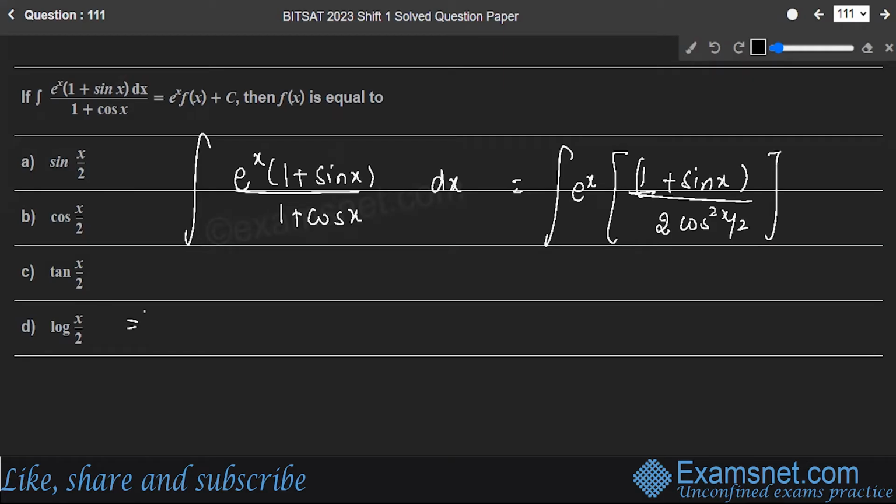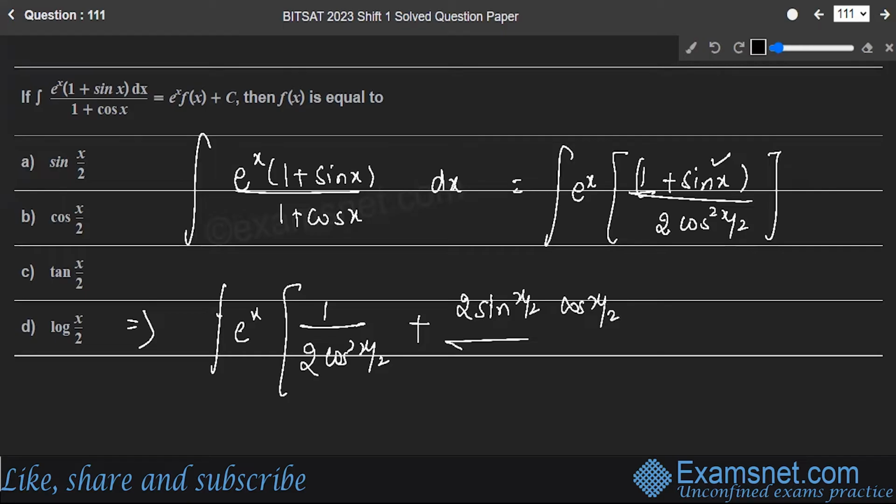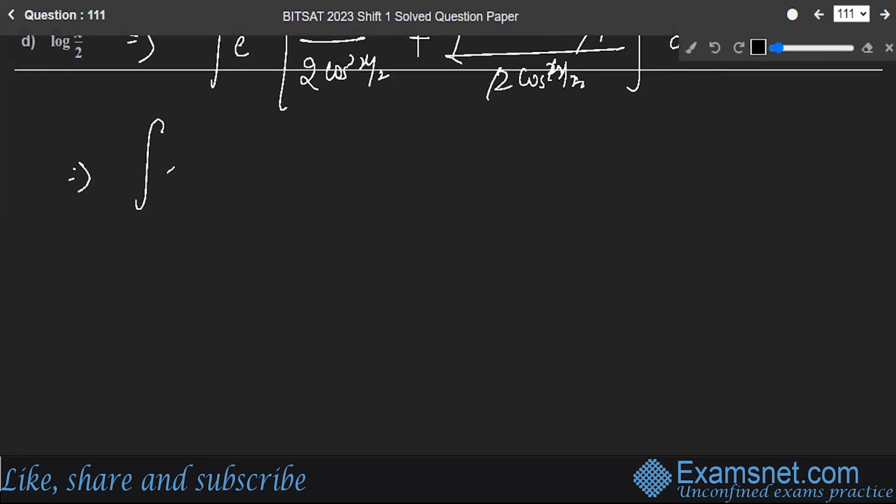So this is equal to the integral of e power x times 1 upon 2 cos square x by 2 plus sine x. I'm splitting this sine x as 2 sine x by 2 cos x by 2, divided by 2 cos square x by 2, dx. The 2 will cancel, one cos square will cancel, and this is equal to the integral of e power x times half of secant square x by 2 plus tangent x by 2, dx.